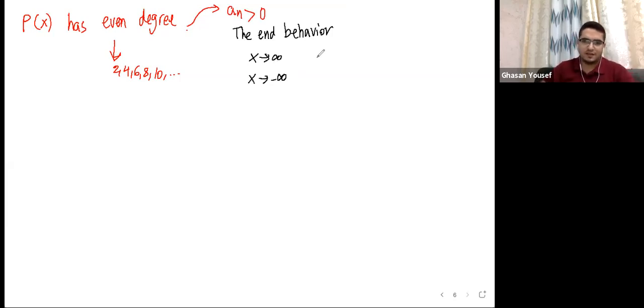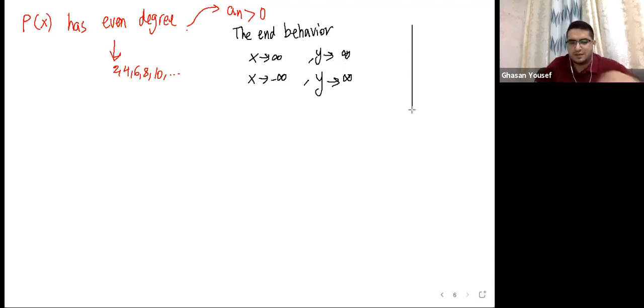When x goes to infinity, the y goes to infinity. When x goes to minus infinity, y goes to infinity again. So the graph of this function will be something like this.